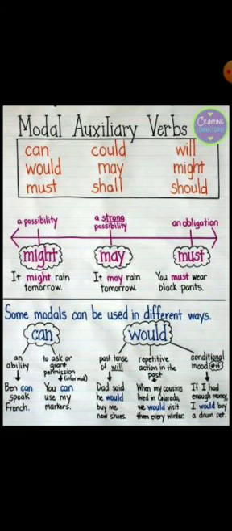Now I am going to tell you what are auxiliary verbs in modals. Auxiliary verbs are also known as helping verbs. Verbs which are used along with the main verb are known as auxiliary verbs.